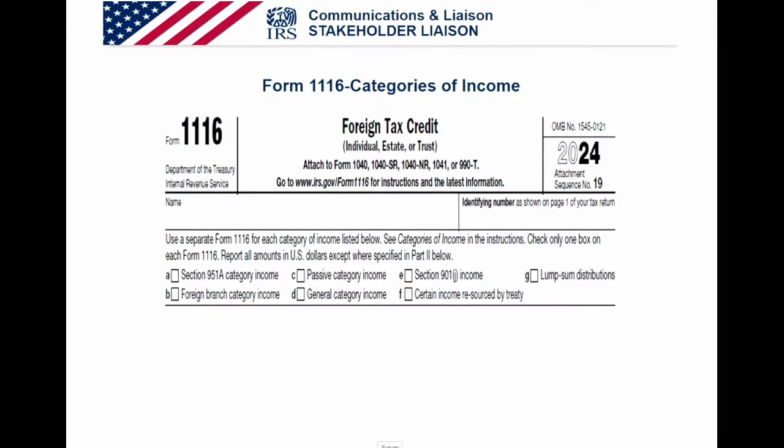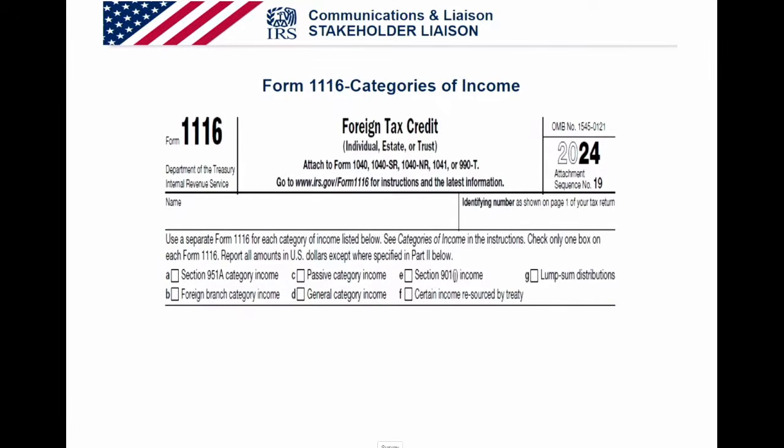And then category E is IRC 901J income. This code section states, no credit is allowed for foreign income taxes imposed by and paid or accrued to certain sanctioned countries. In order to ensure that foreign tax credits for these taxes are not claimed, income derived from each such country is subject to a separate foreign tax credit limitation.